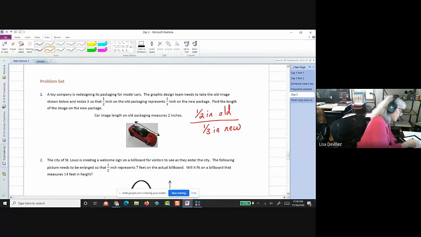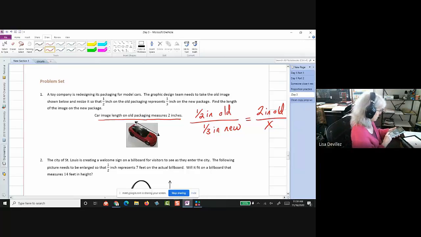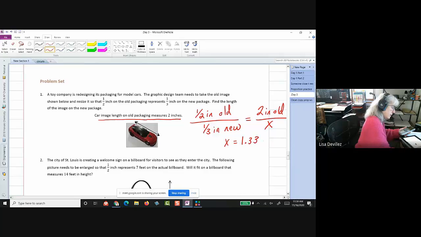The car length on the old packaging measures 2 inches, so we're solving for the new. I'm going to go 2 times 1/3 and divide by 1/2. I'm getting 1.33 repeating inches on the new.